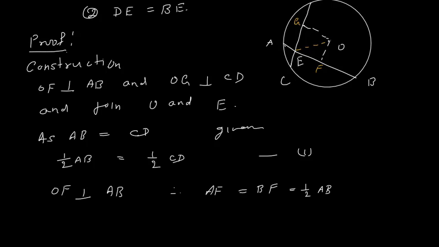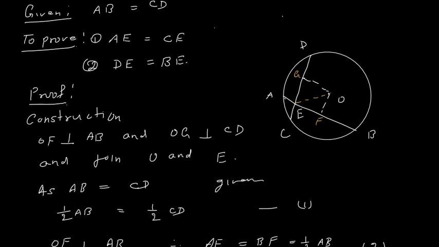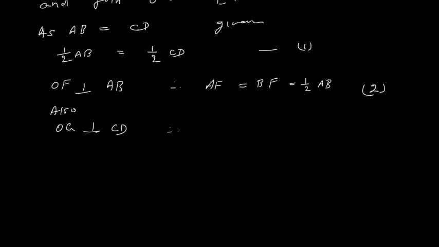This I will consider equation 2. Also OG is perpendicular to CD, therefore CG is equal to DG is equal to half of CD. Okay, this is equation 3.